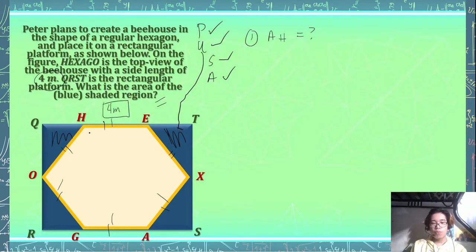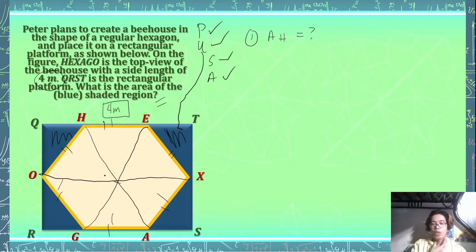So if that's 4 meters, therefore this hexagon right here can be divided into 6 equilateral triangles. Okay, so there you go. Those are 6 equilateral triangles. And if they're equilateral, that means all of these sides must also be equal to 4.